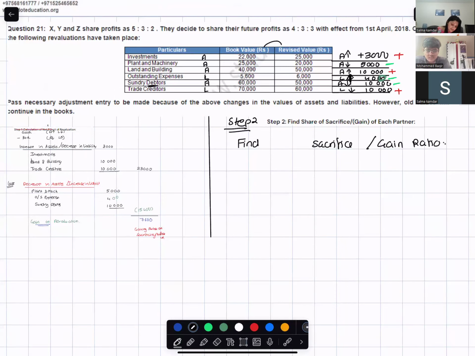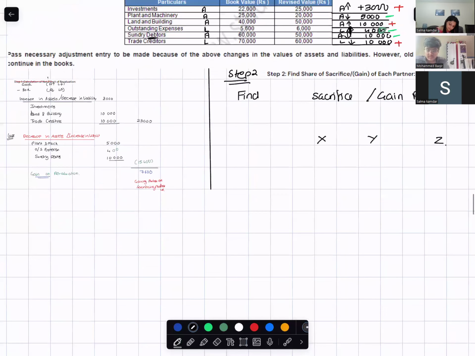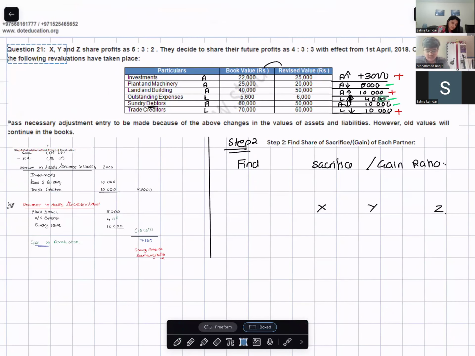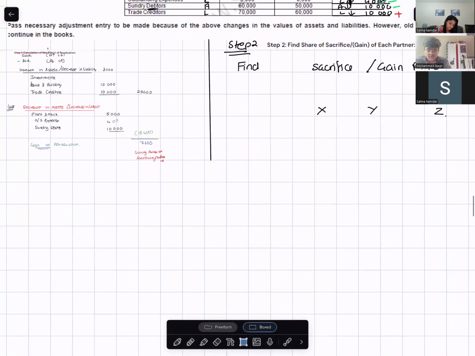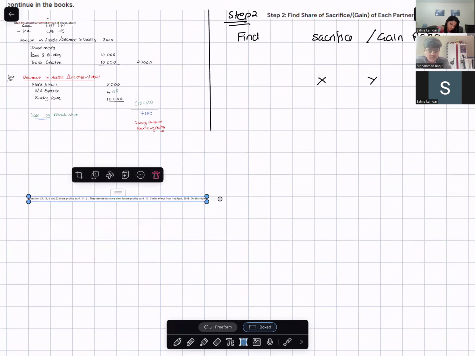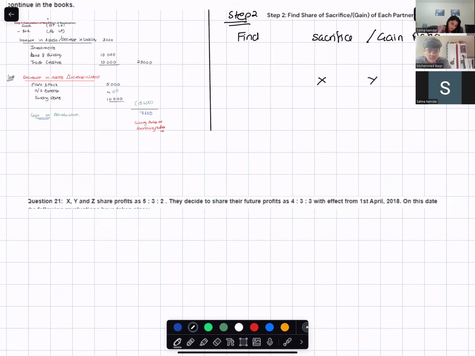So I have three partners, X, Y, and Z. What is the old ratio? 5:3:2.